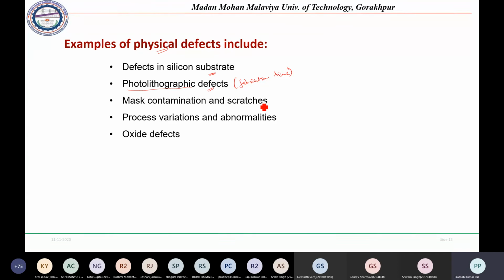Mask contamination and scratches: while depositing different layers, if we have some contamination, some dust particle or any defects can occur.